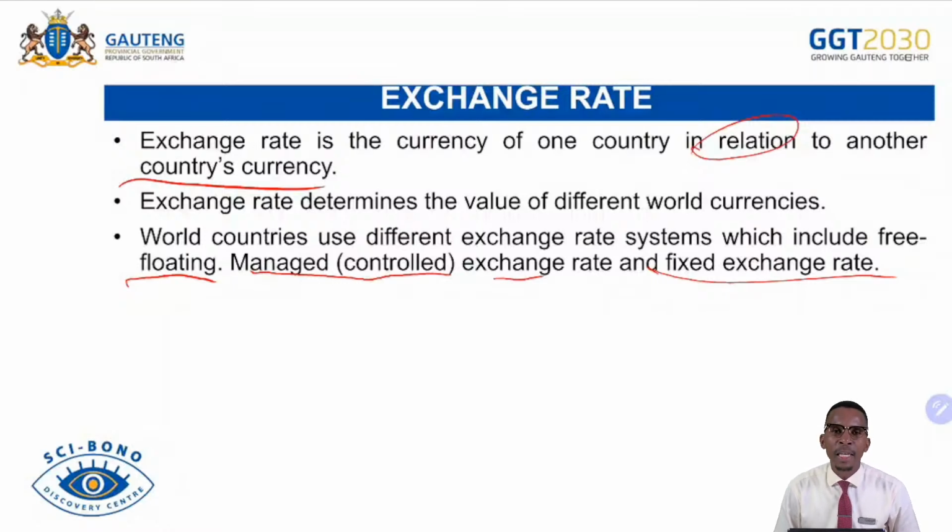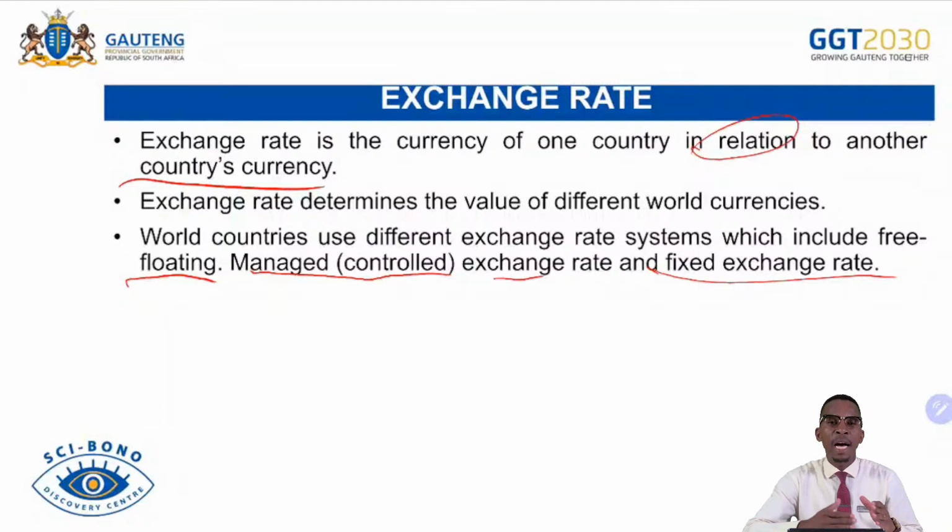Then we have the controlled or managed floating exchange rate. In that situation, you refer to a currency that can appreciate and depreciate, but within limits. There are some boundaries that have been set by the government so that the currency can only appreciate or depreciate within those boundaries. For instance, the South African government can say the rand can appreciate only up to 7 rand and depreciate only up to 12 rand.